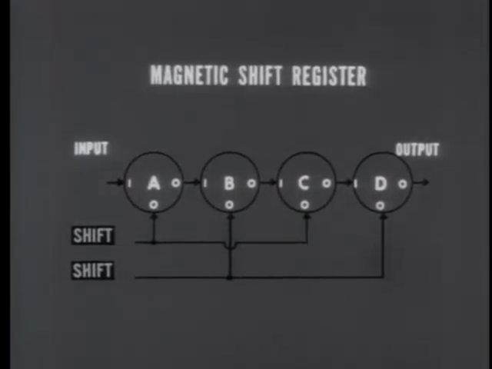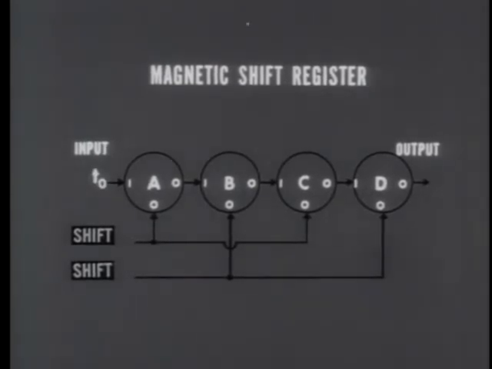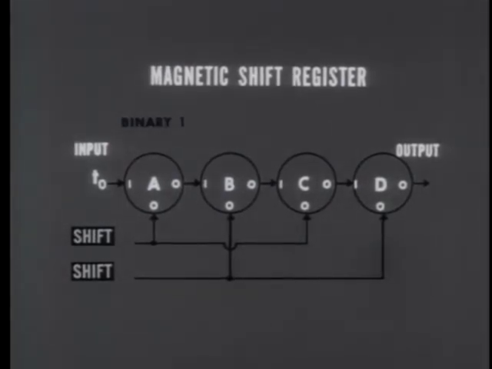This is a magnetic shift register, which provides a temporary storage for binary information. Here's how it works. At time T0, an input pulse applied to core A places a binary 1 there.